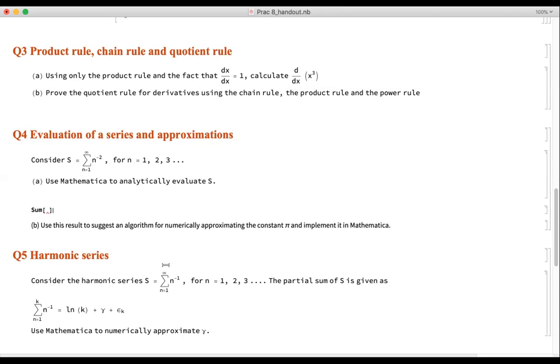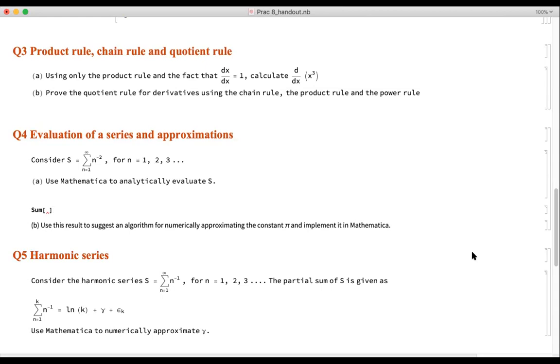Has anyone done this? You would give not a numerical value but some analytic expression.